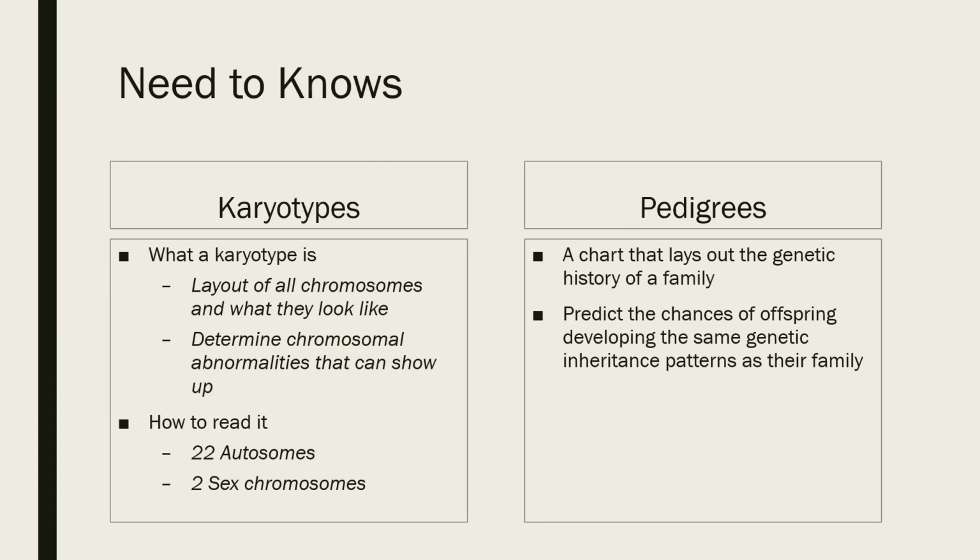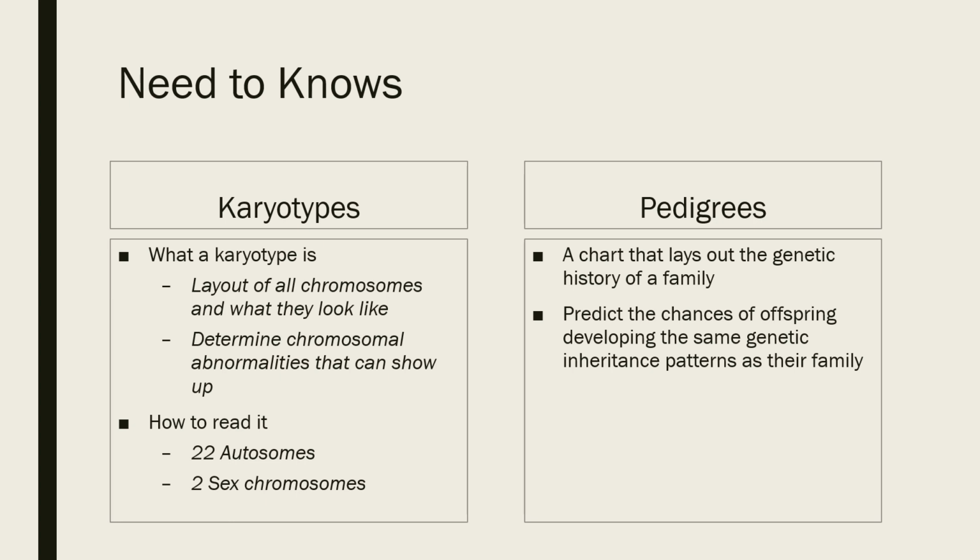So the good news about karyotypes and pedigrees with the information that we just kind of walked through is that you need to be familiar with this stuff. By no means do you need to be an expert in this area. So I've put together this slide of what you need to know. With karyotypes, you need to know what a karyotype is. A karyotype is just a layout of all of the chromosomes and what they look like.